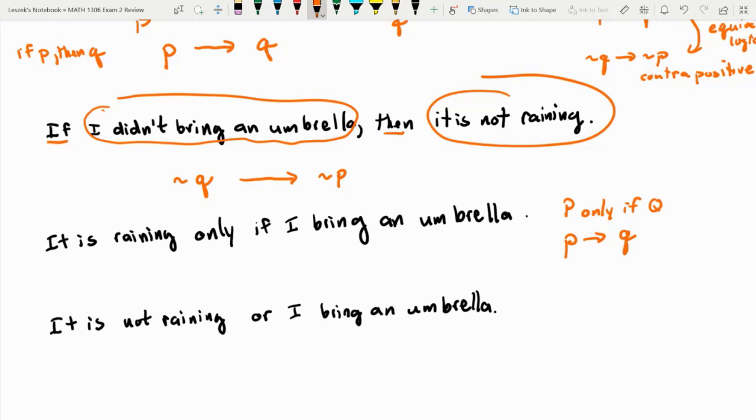P is the antecedent and Q is the consequent. Even though it's confusing because typically what follows the word if is the antecedent, but this time it's different. I don't quite understand why people would use that. It just confuses everybody. But I saw it on your review, so I would mention that. The P only if Q is really P implies Q.